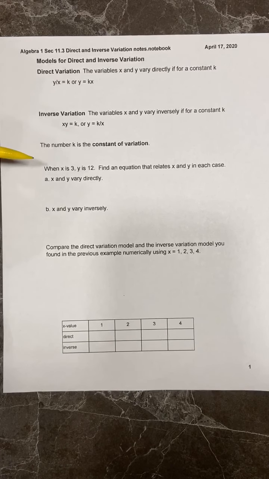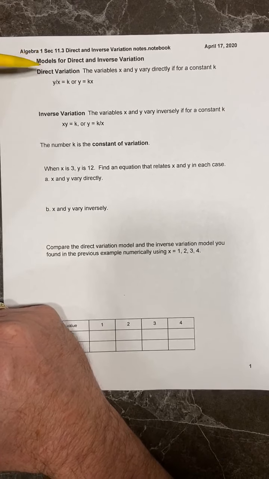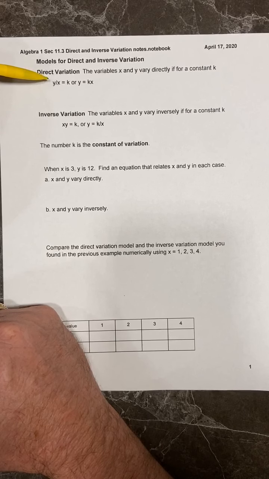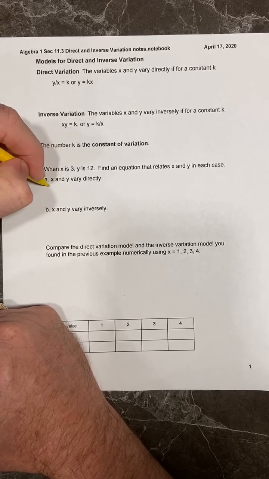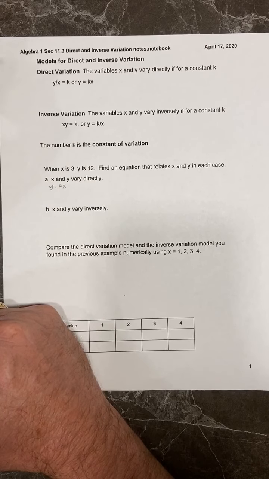So to deal with that a little bit, when x is 3, y is 12. Find an equation that relates x and y in each case. First one, A, says x and y vary directly. So we're looking at direct variation, which is the equation y equals kx.